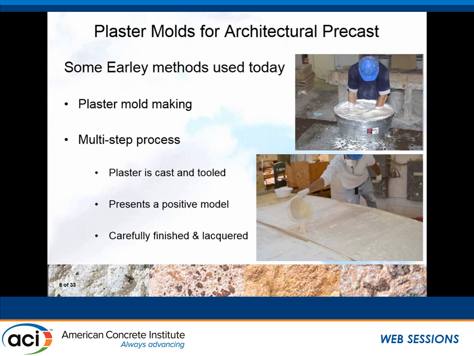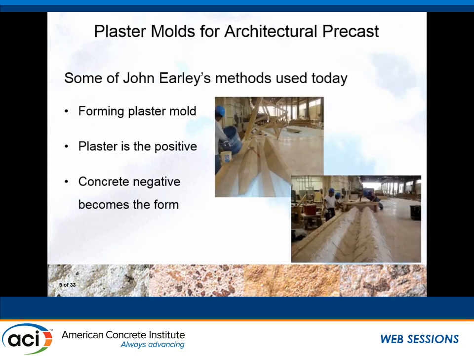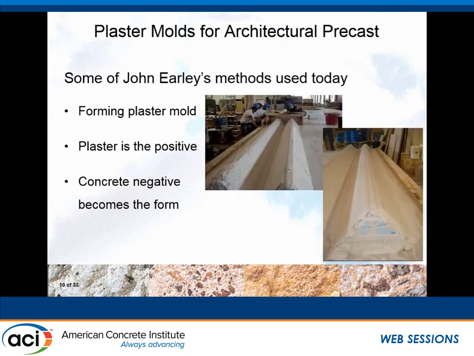It's a multi-step process. The plaster is cast and tooled. It actually is made into the positive model of what the concrete will eventually look like. You can see we're building up a couple edges here. They've used foam and wood in this case, and they build that up with plaster, and then they screed it off.